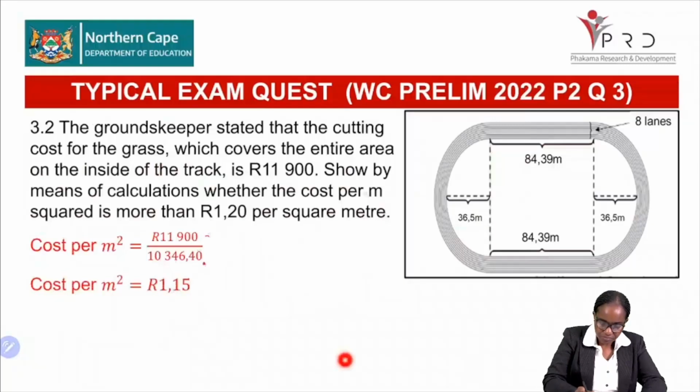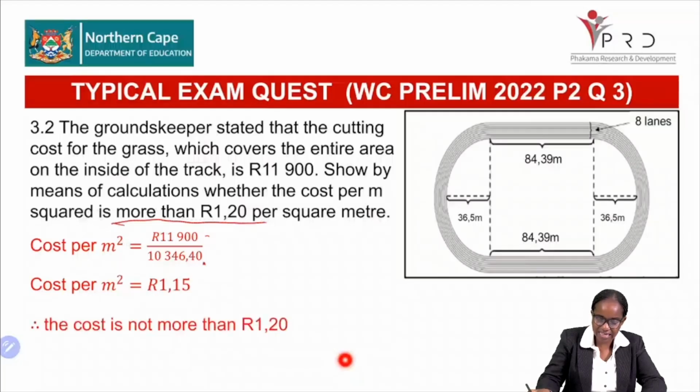Now, we have shown by calculation that this is not more than 1.20. We can safely answer and say, therefore, the cost is not more than R1.20, because from our calculation, we obtained R1.15.